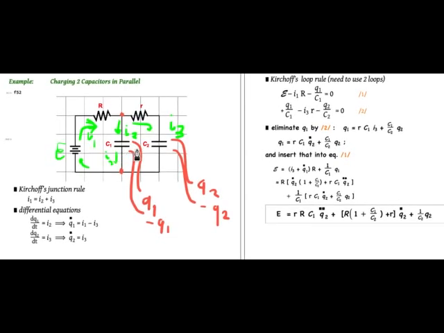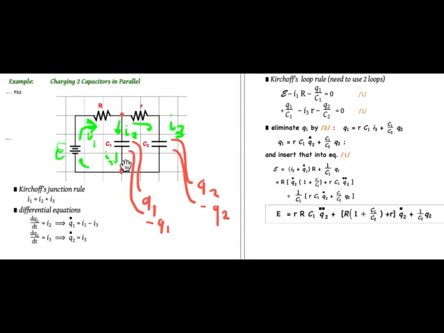This will be the low potential side, the negative side. So the change is negative from high potential to low potential. So the change in potential here will be minus Q1 divided by C. So I have E minus I1R minus Q1 over C is 0. That's for this loop.